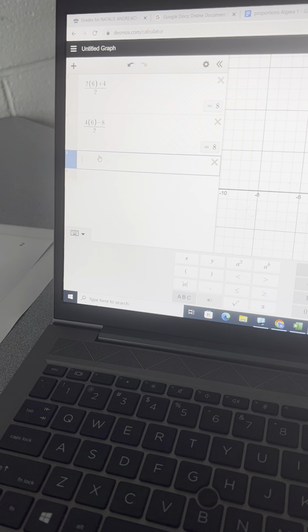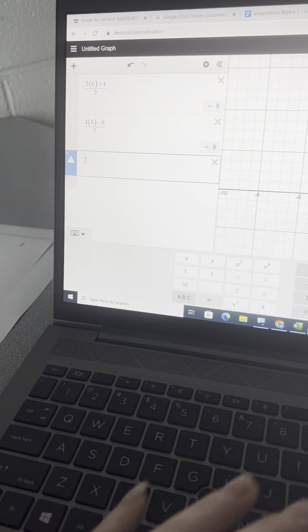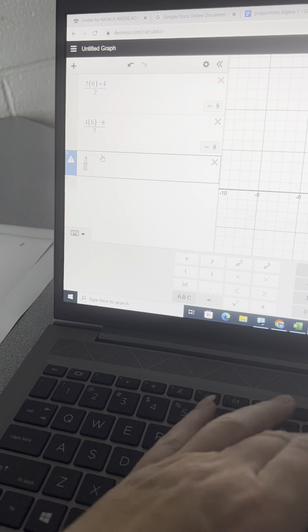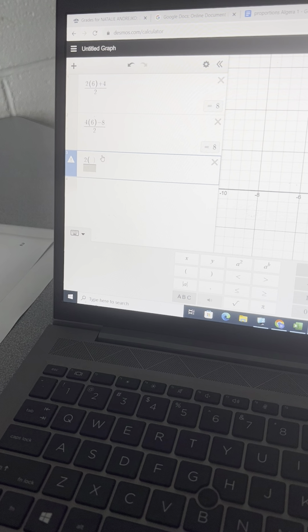All we're doing is doing the same thing. And now let's put -6. Close that. 4. Oh, not 3, 2. Okay, that gives us -4.